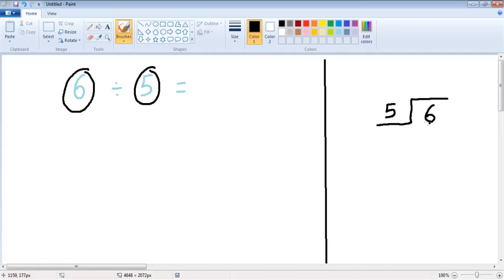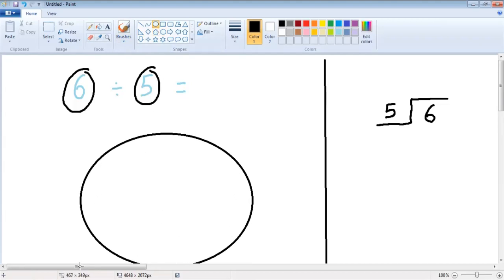And then we have to ask ourselves, how many groups of 5 are in 6? Like if we have six apples, how many groups of 5 are inside them? You understand my question? No. Look, I have this circle.